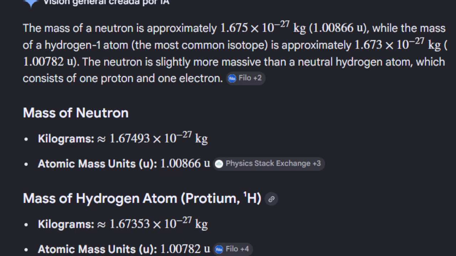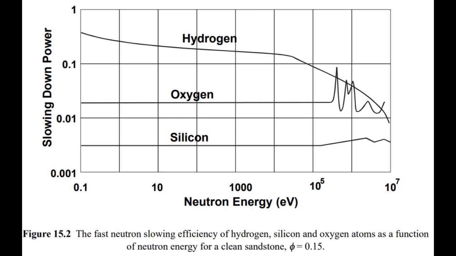This is why in this plot we can see the slowing down efficiency of hydrogen is greater than that of silicon and oxygen atoms when we see it as a function of energy, in a clean sandstone.